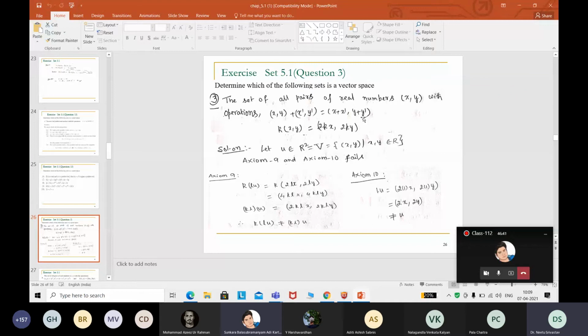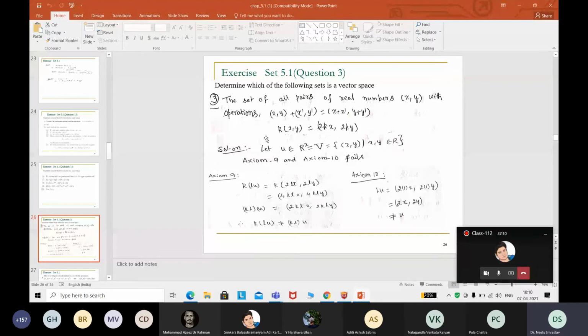Ma'am, but while multiplying KL, why did it not come as 4KL? No, see, every time when you are multiplying a scalar to the vector, a scalar multiplied with 2 should be multiplied to a vector. When you are multiplying k with a vector, k multiplied with 2 should be multiplied to the vector component.